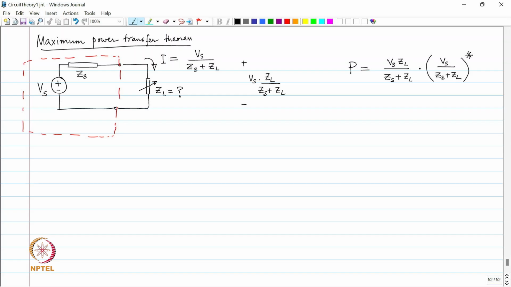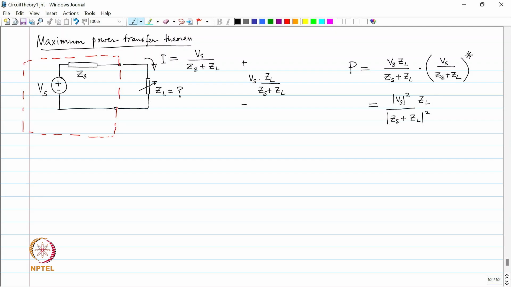Fine. This is equal to, what do you see? Vs and Vs star, mod Vs squared, and Zs plus ZL is there in the denominator. Zs plus ZL conjugate is also there in the denominator. And then in the numerator we are still stuck with one ZL.